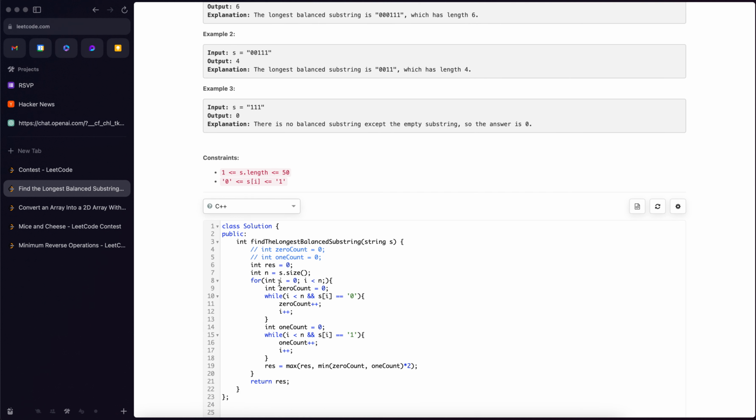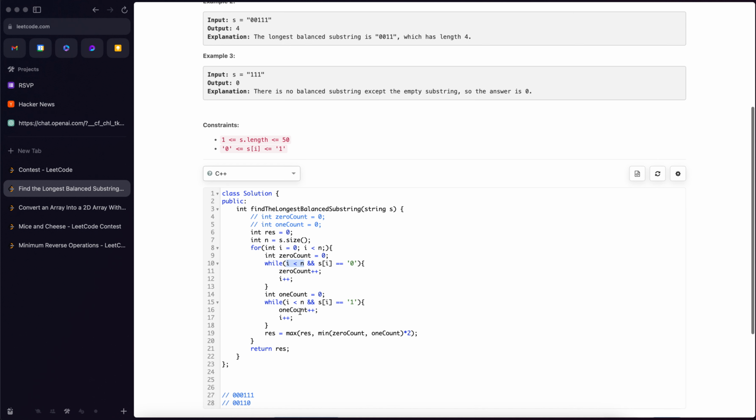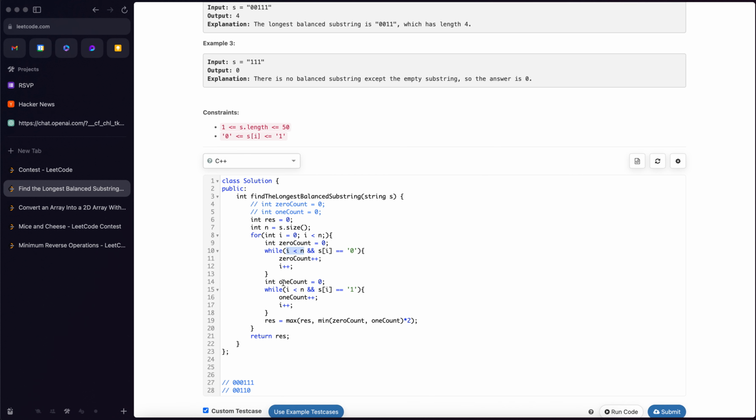So we'll start in this string and count how many zeros there are. Obviously we need a condition so that it does not get an out of bound error. This would be a while loop, which will break whenever we find a 1, and then again we'll start counting how many 1s there are.